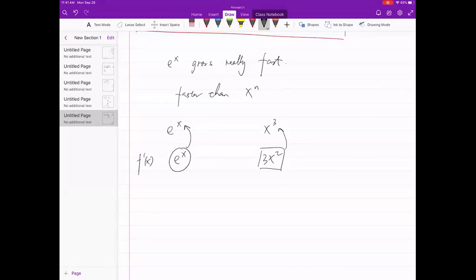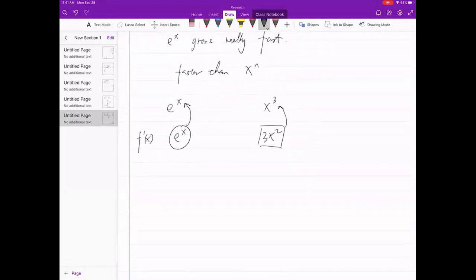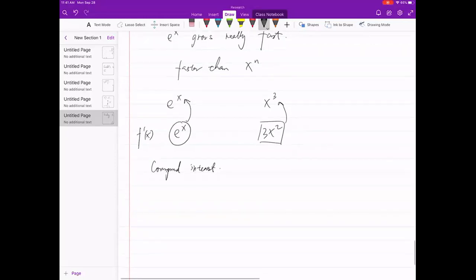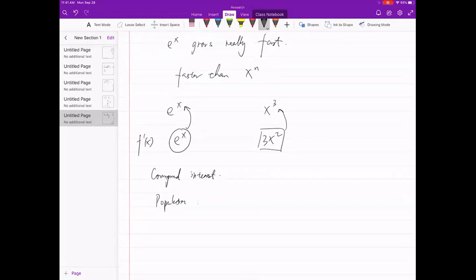Sounds good here? Another thing you can think about is what kind of thing grows exponentially? Compound interest grows exponentially. Population grows exponentially. Why? That must mean the derivative of the population is the same as the population itself.